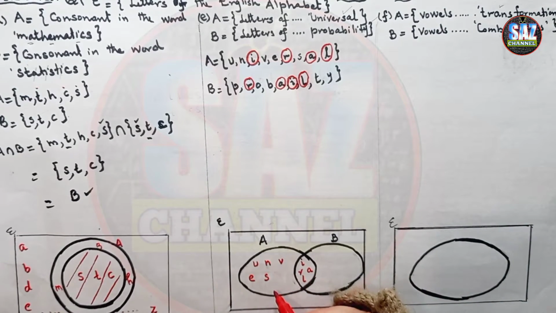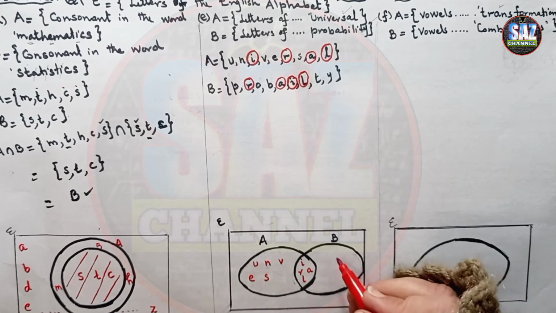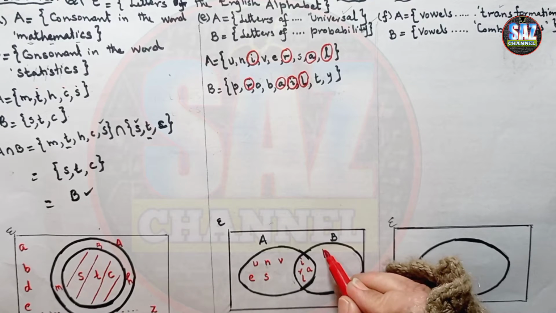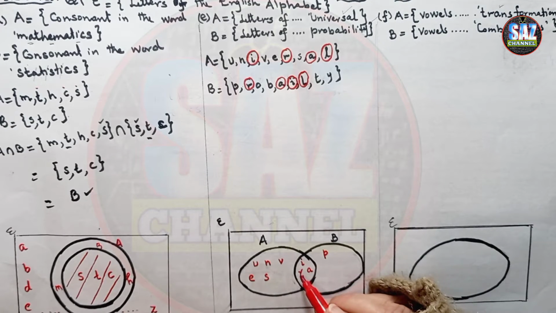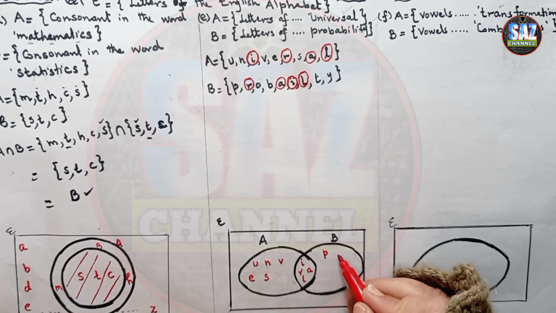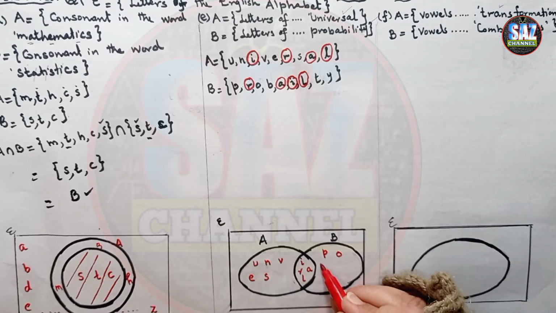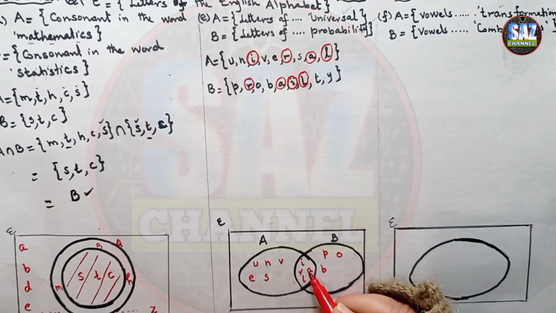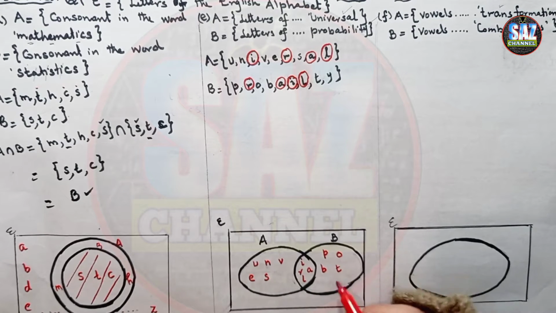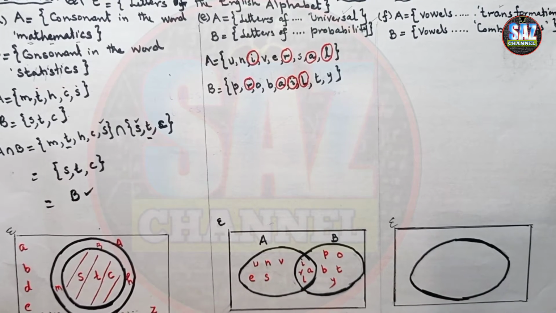So S, and then A, and then L already I have written over here. And coming to set B, P I will write over here, then R is written here, then O will be written in set B, and then B, A is written in the common portion, I is written in the common portion, L is written in the common portion, T, and Y. So I hope you are clear how we are finding the relationship between the sets and how we are filling up the elements at the respective places.